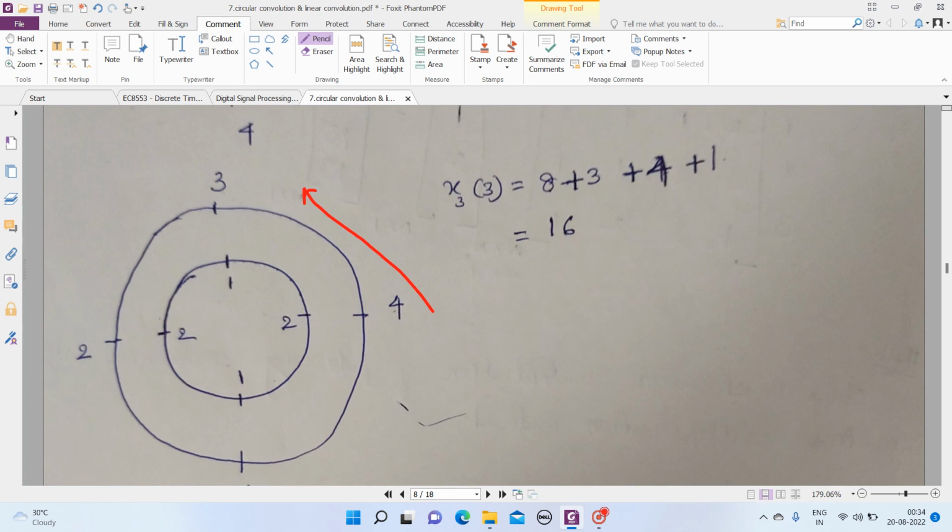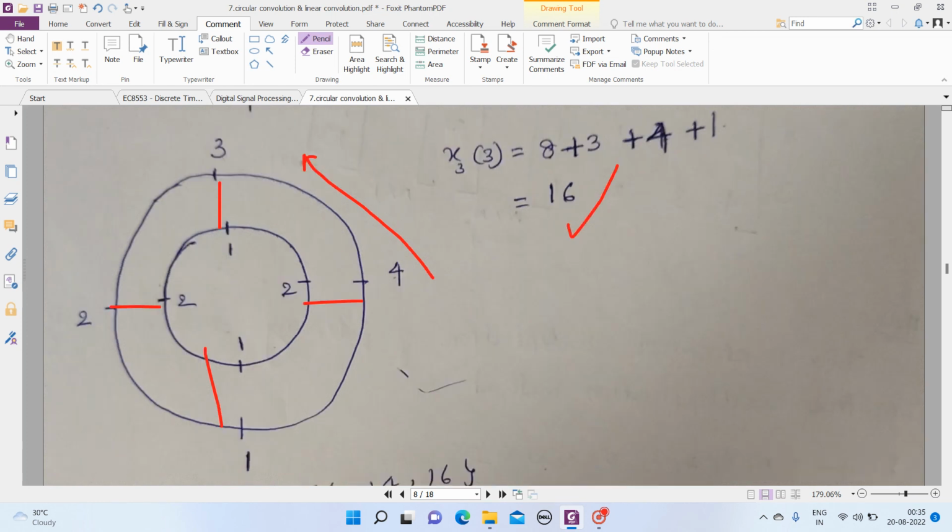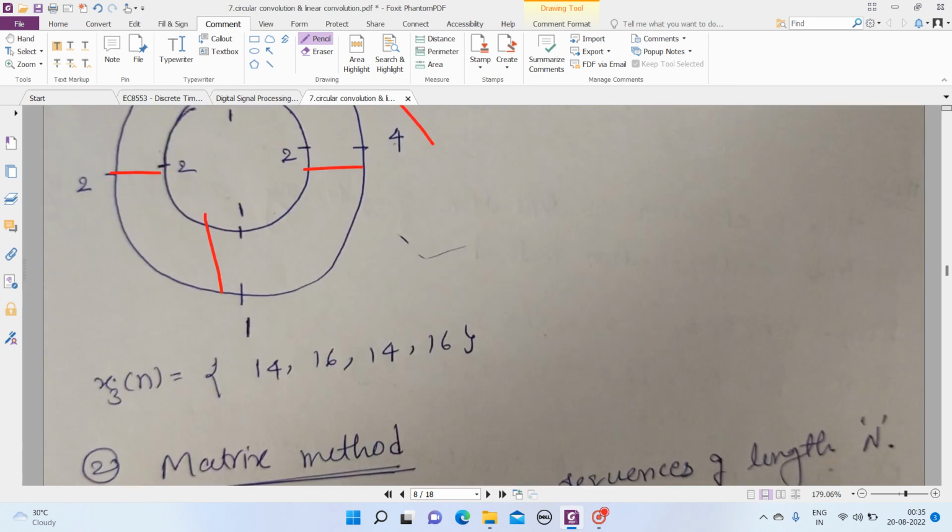Now I am fixing the interior circle. Then I am multiplying and adding all the numbers, and the final value is 16. So x3 is 14, 16, 14, 16. This is the circular convolution output using the graphical representation.